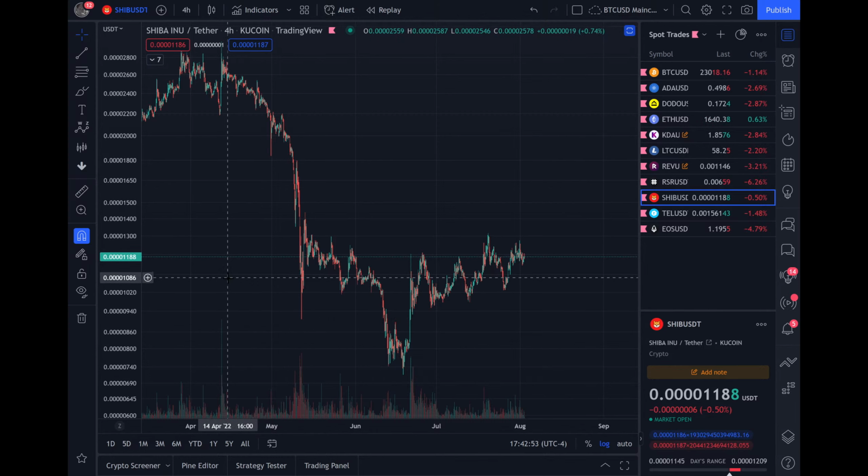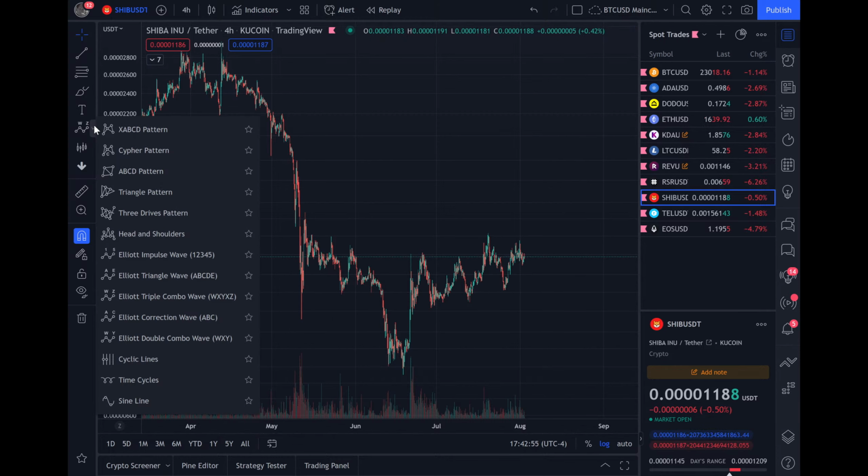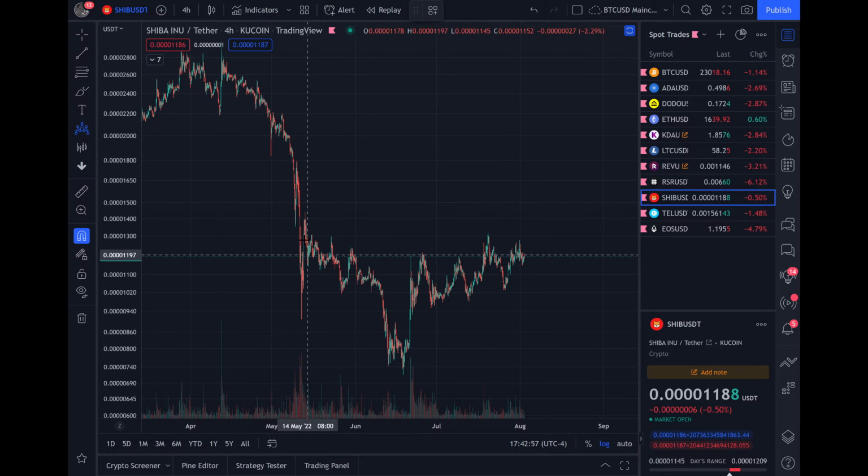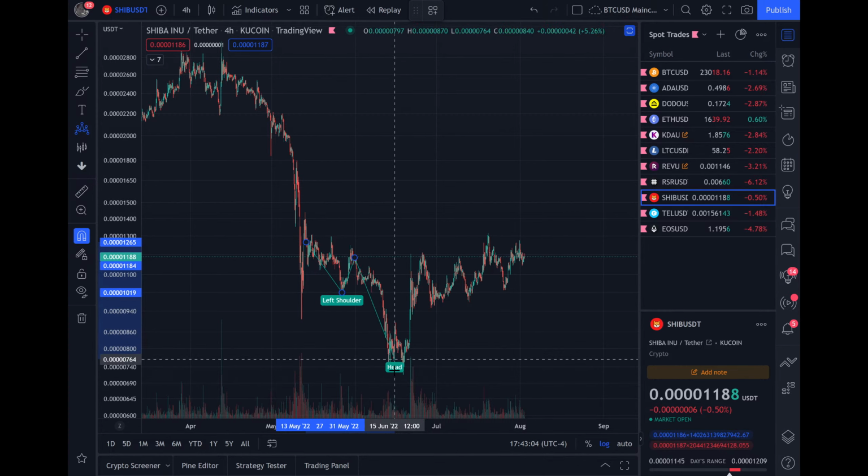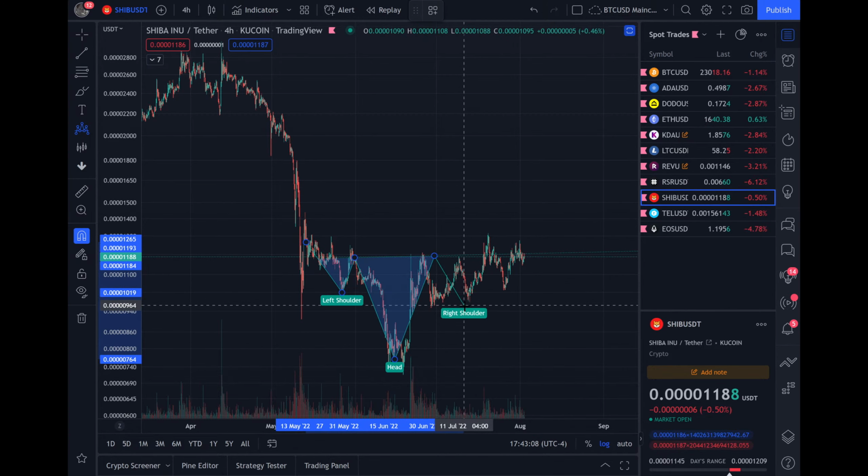Look at SHIB. This is a textbook inverse head and shoulders. Textbook. Right? You got your left shoulder here. You got your head. And you've got your right shoulder. I mean, this is textbook.